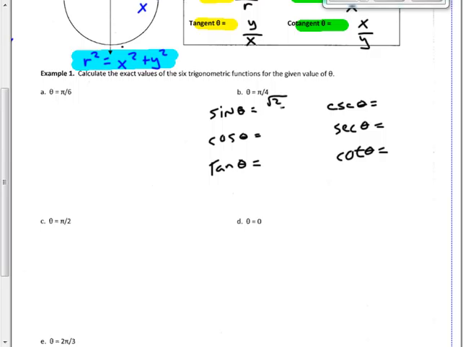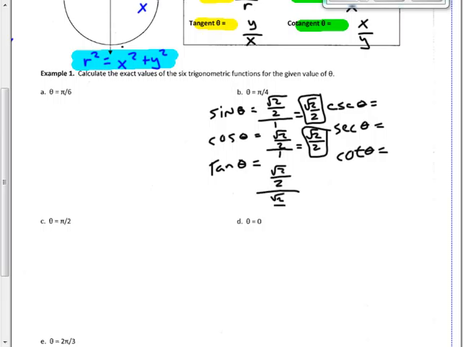So I've got the square root of 2 over 2, and then that's over 1 because it's y over r, and then nothing happens with that when I divide by 1. Cosine is exactly the same thing because the numbers are exactly the same, so I get square root of 2 over 2. This time, on tangent, I'm going to take y over x, and so I get the square root of 2 over 2 divided by the square root of 2 over 2.